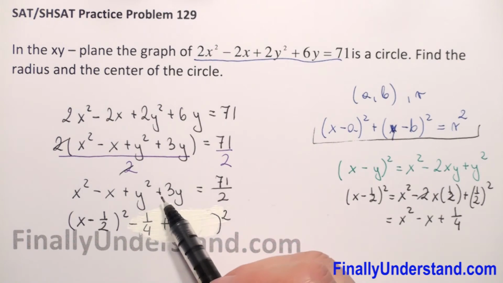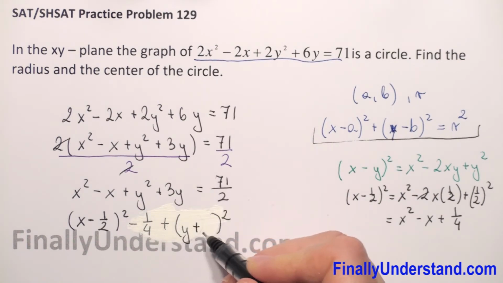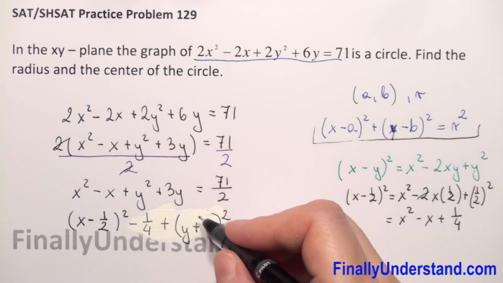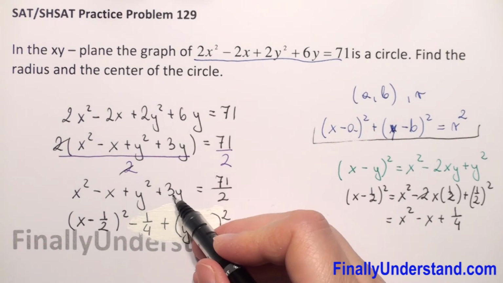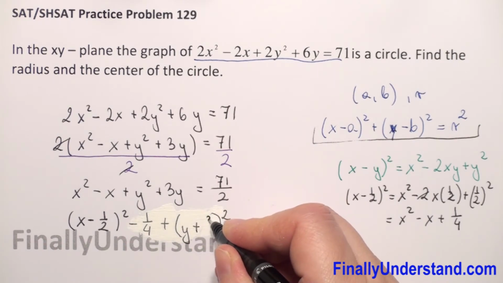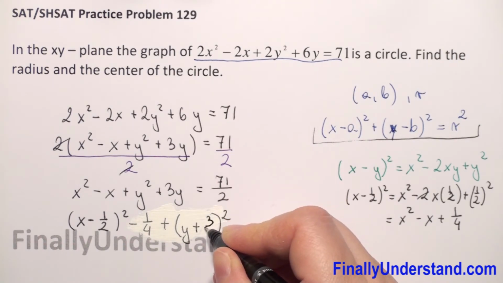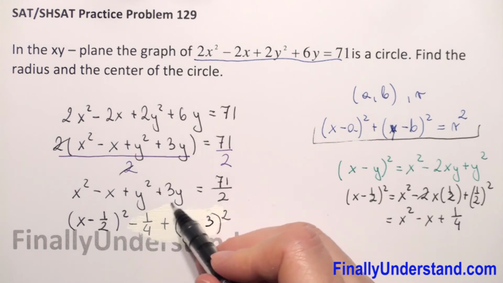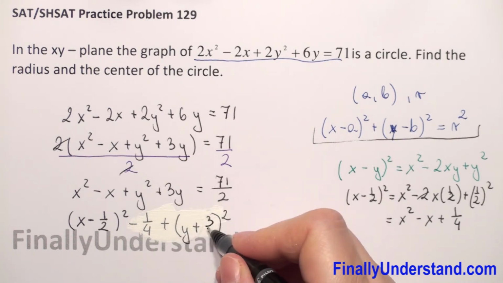And what next? Because we have y squared plus 3y, it will be plus. And next, what will we add here to get 3y? We need to have 3. We will put 3, and because when we raise to the second power we have 2, and I don't need this 2 here because I need only 3, I will write 3 over 2.